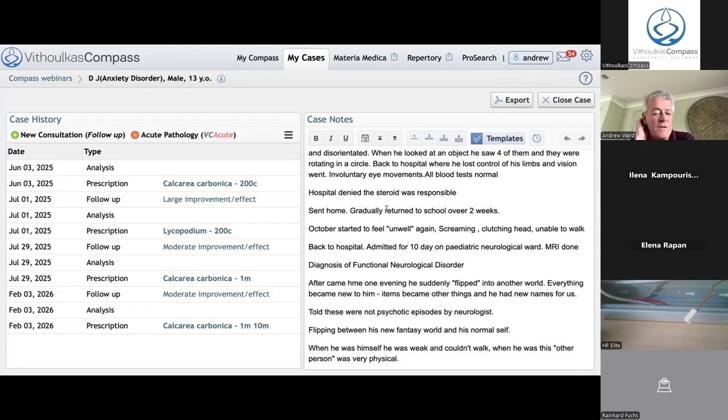In the October, started to feel unwell again, screaming, clutching his head, unable to walk. Back to hospital, where he was admitted for 10 days on a pediatric neurological ward where an MRI was done, where they found nothing and diagnosed him with this functional neurological disorder.